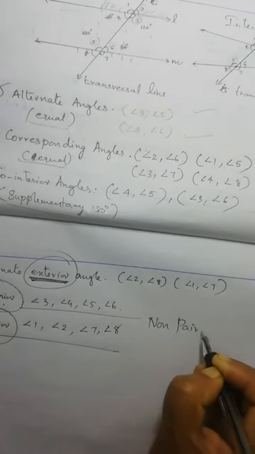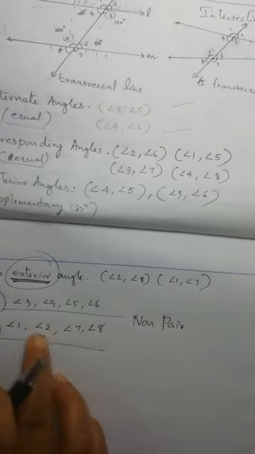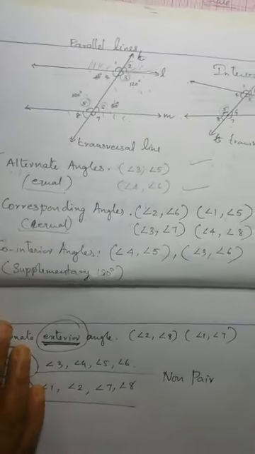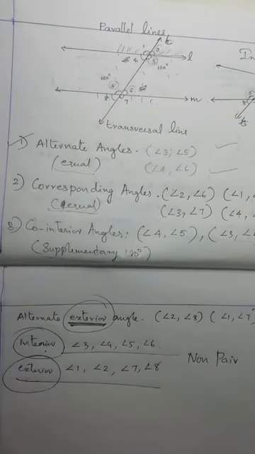Not pairs. These three are pairs of angles. Okay. This much only is this concept, and using this concept you have to do exercise 10b. Okay. Thank you.